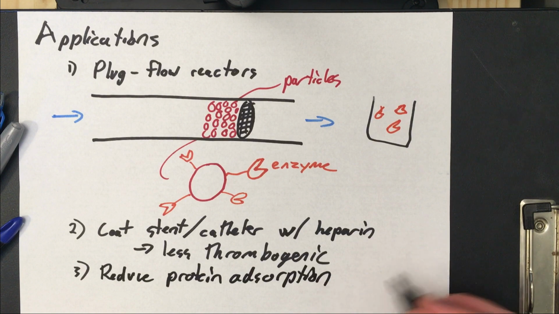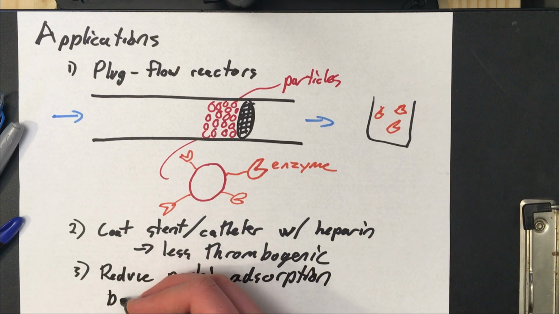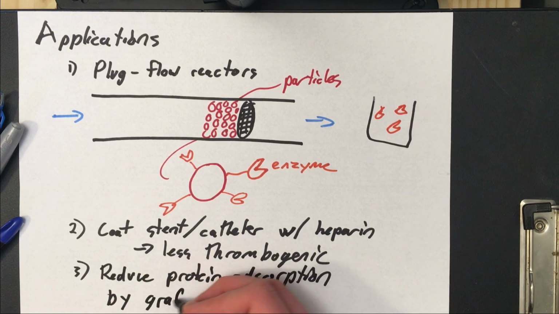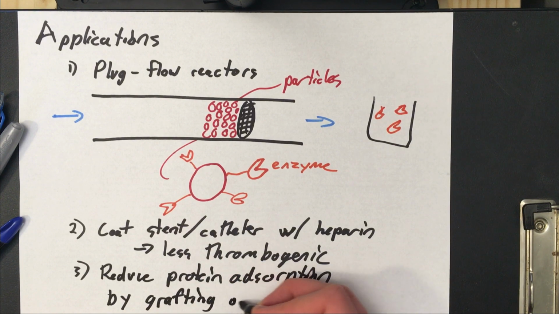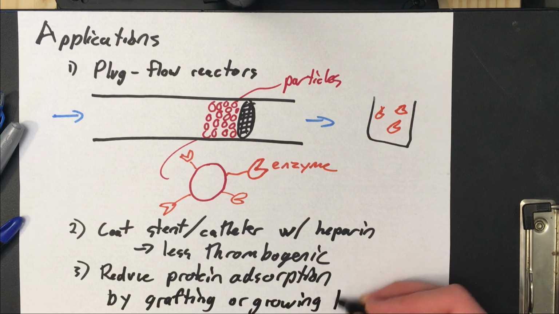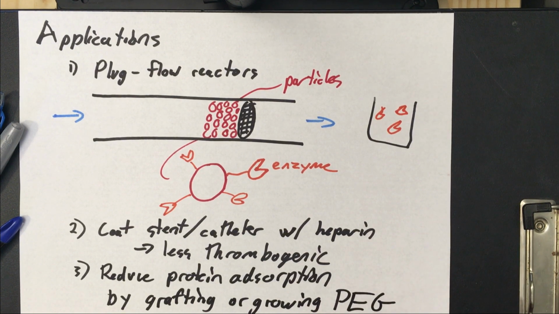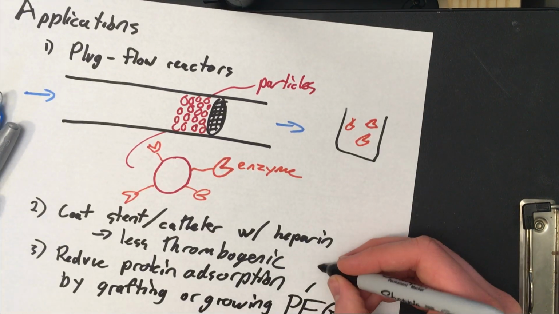So we can reduce protein absorption by grafting or growing PEG, aka polyethylene glycol.